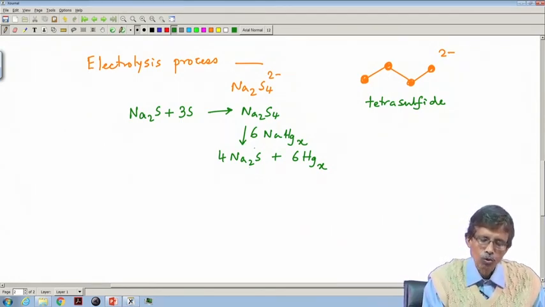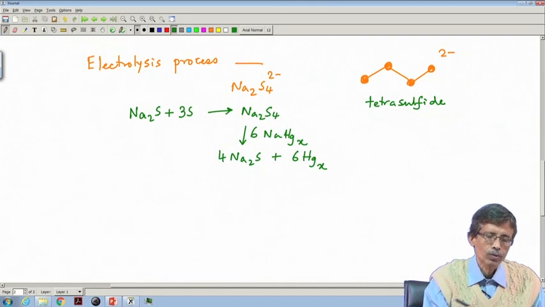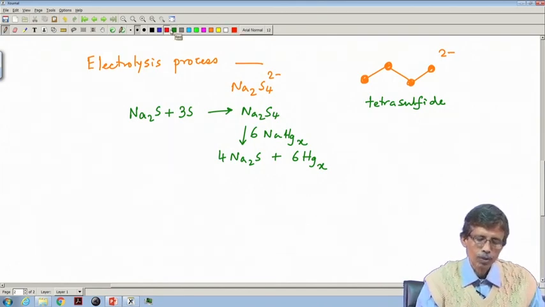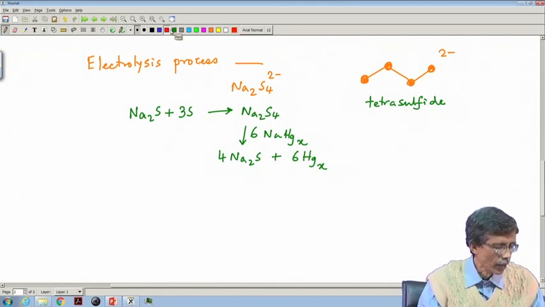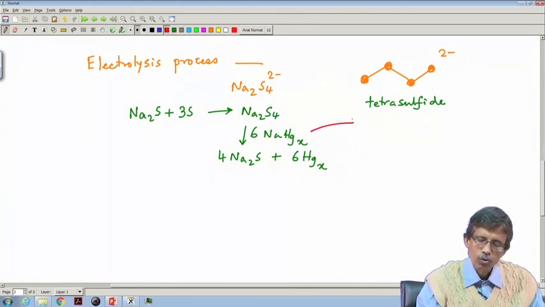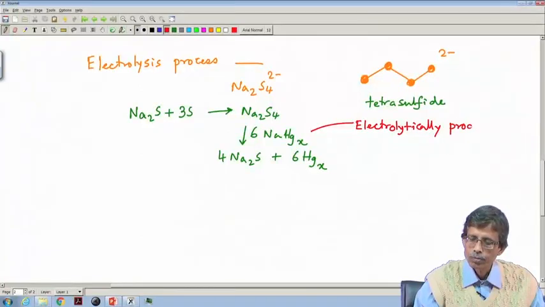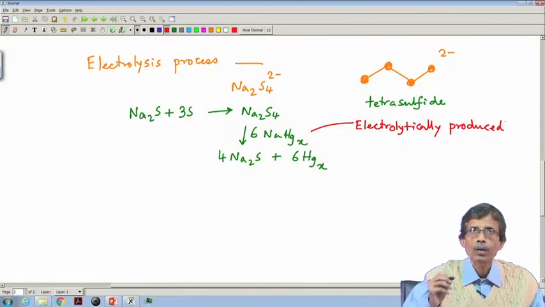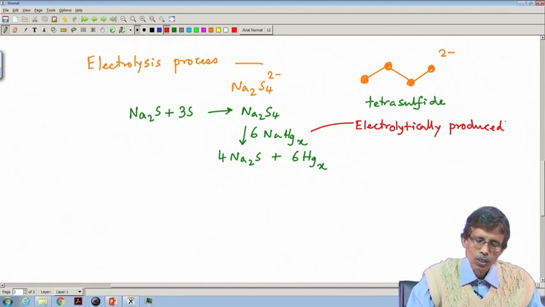So, this sodium is coming from your sodium sulphide salt for production of this sodium sulphide. So, this is one way. In this particular process it is electrolytically produced. So, we produce this particular one.